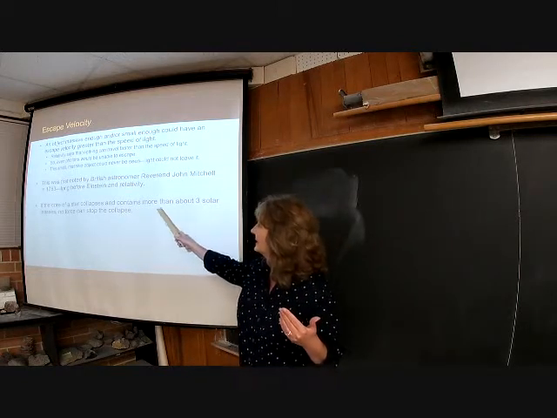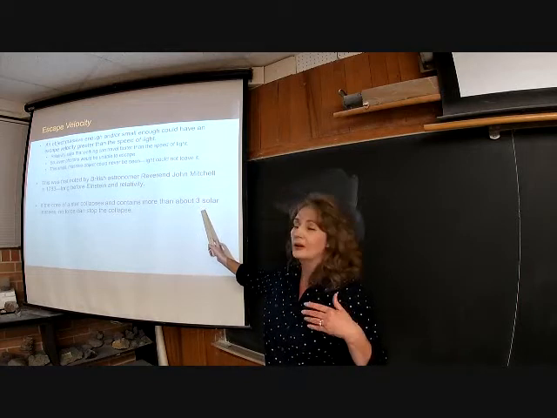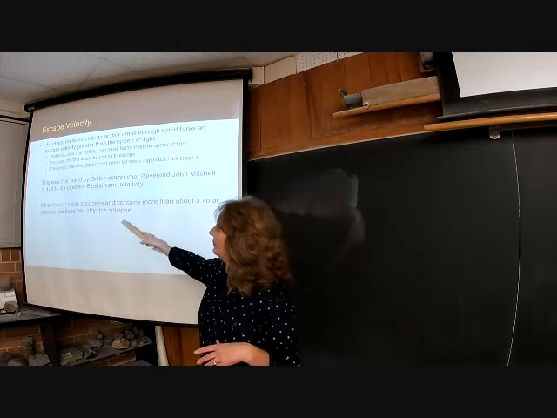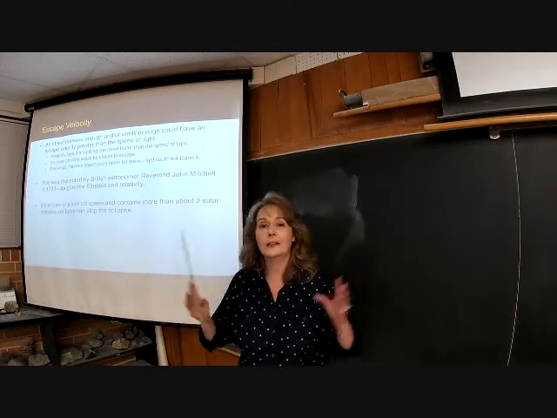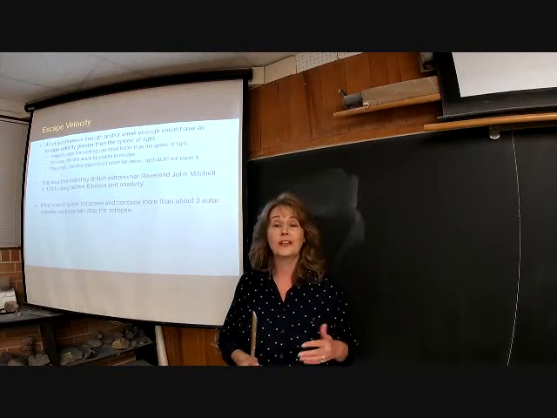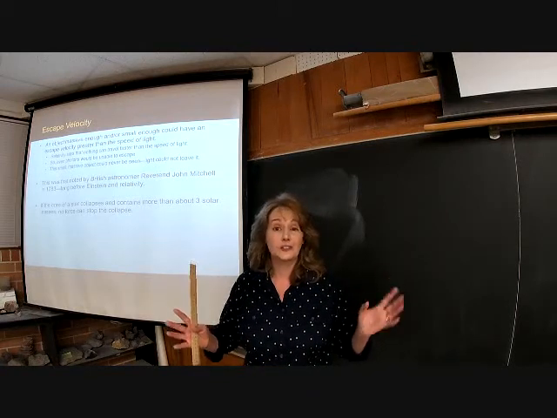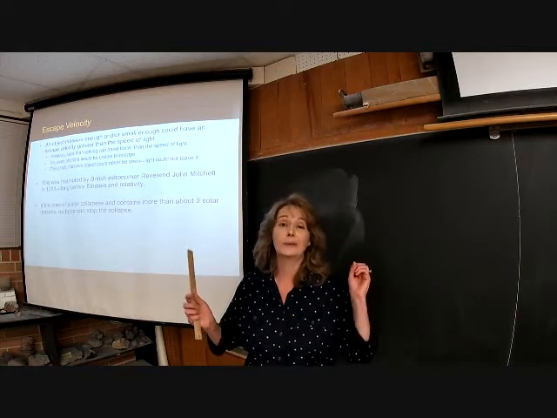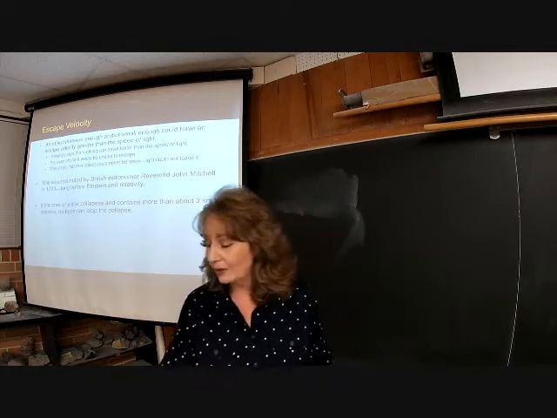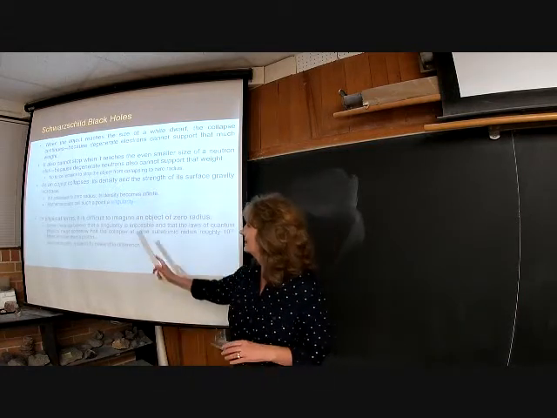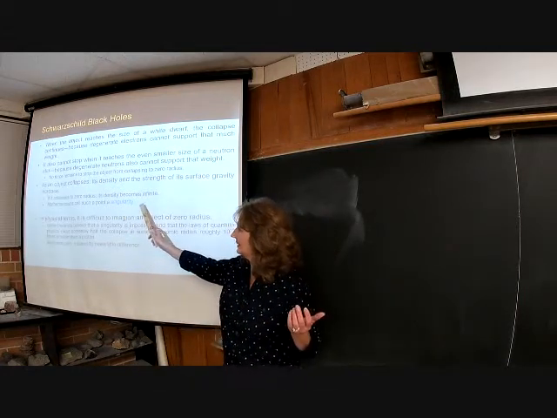So here's the core. If it's collapsing and it has a core that's 3 solar masses or above, well, no force can stop that collapse. Not electron degenerate pressure, like in our white dwarfs, not the degenerate neutron pressure of our neutron stars. So nothing can stop that from collapsing all the way in to what we call the point of singularity.